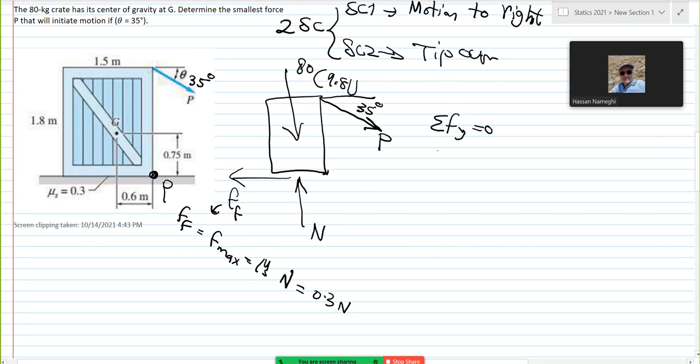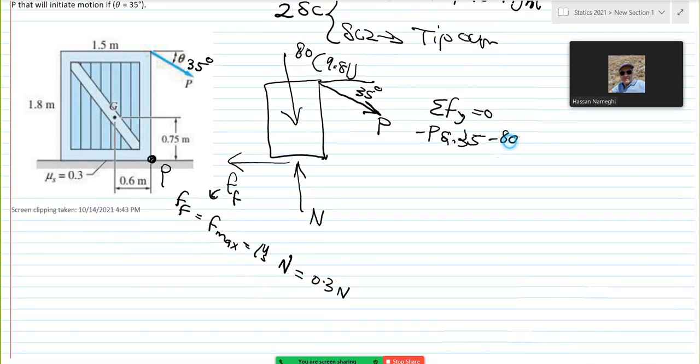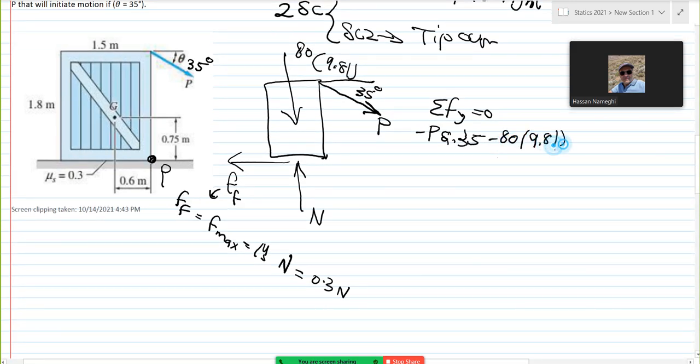From here I have P sine 35 going down, minus AD into 9.81. That's moving down, plus N. And then on the Y, already calculated.